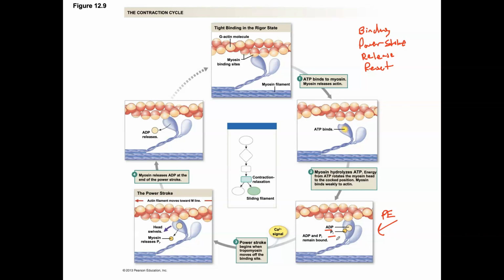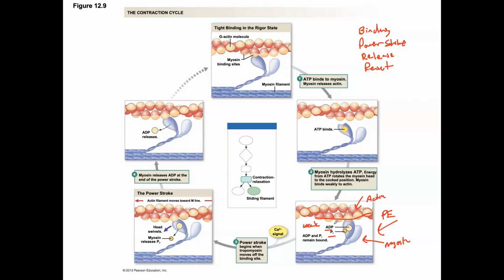The reason is that there's a blocking protein preventing the myosin from creating a high force bond with the actin in order to have a power stroke. So we can have a weak interaction between the myosin and the actin, but as long as tropomyosin is in the way, the power stroke won't take place.